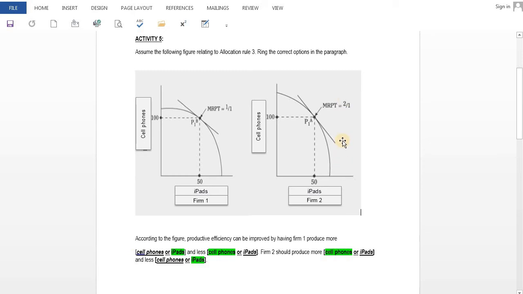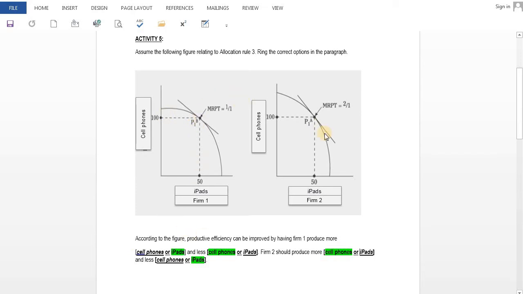So if you find that this is firm 1, because it's a sacrifice for a gain, it means that firm 1 would be producing more cell phones and less iPads. And if this now becomes firm 2, then firm 2 would be producing less cell phones and more iPads.